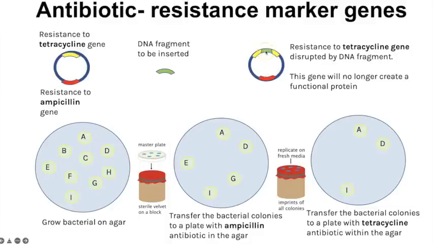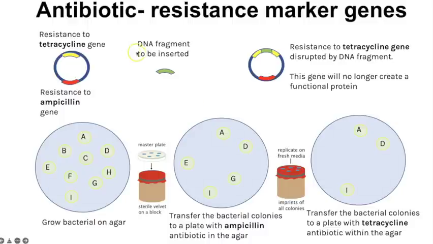So we can see here in this first copy plate, that if there is ampicillin in this agar, that means only bacteria which contain the plasmid at all would be able to grow. Because if it didn't contain the plasmid, it wouldn't be resistant to ampicillin and the bacteria would die. So that means only these remaining colonies definitely contain a plasmid.